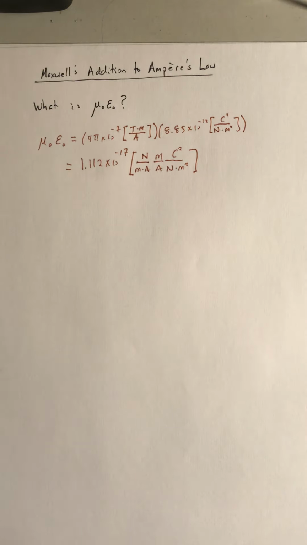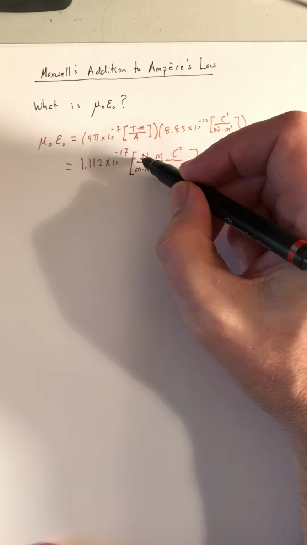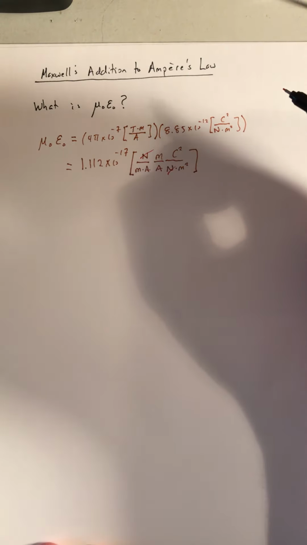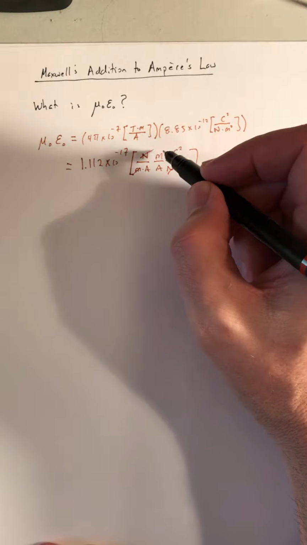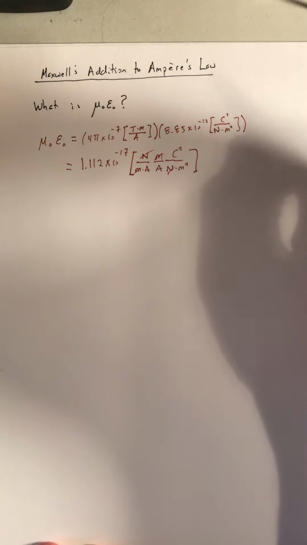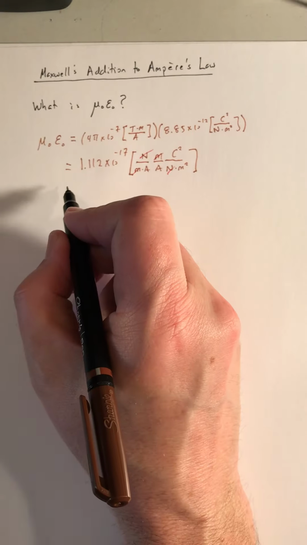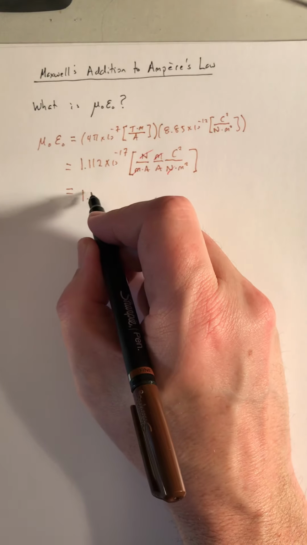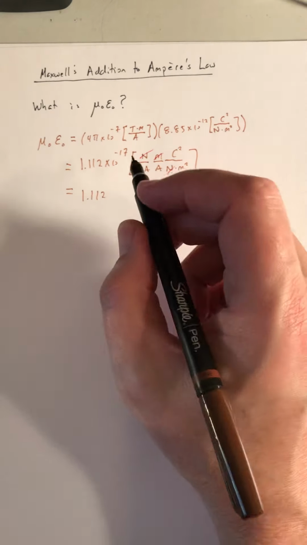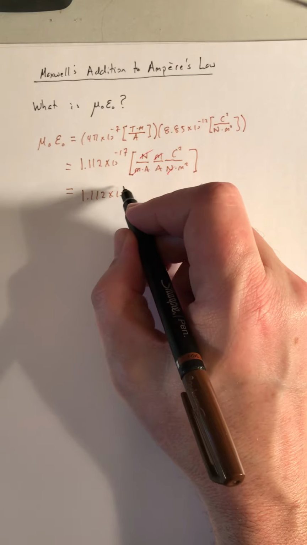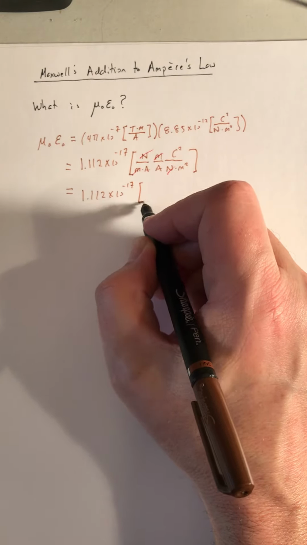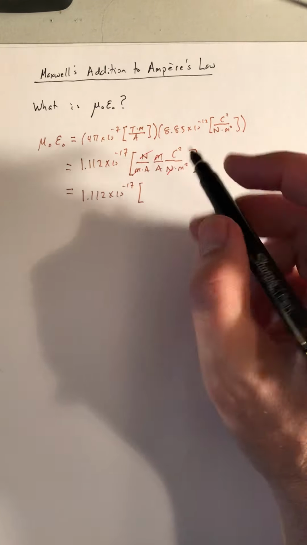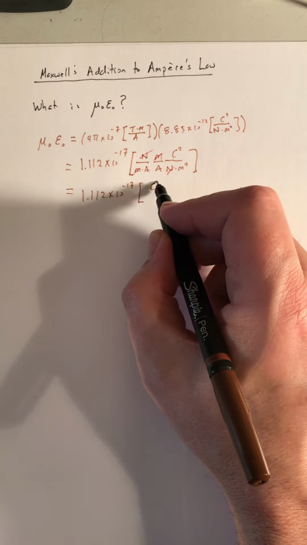Alright, so let's get rid of some of the things that cancel. I have a Newton over a Newton, meter over a meter. Alright, so let's look at that. 1.112 times 10 to the minus 17, and we have a Coulomb squared.